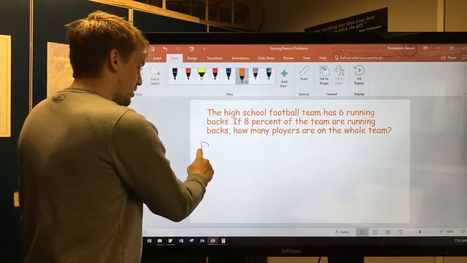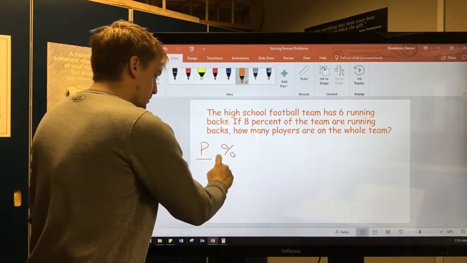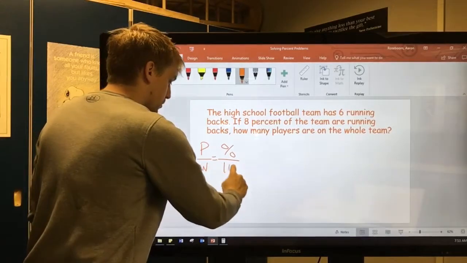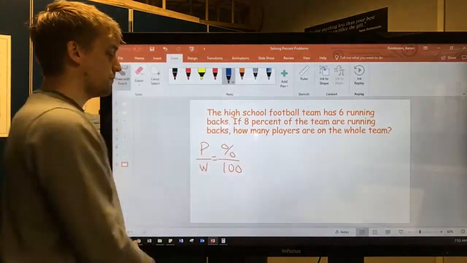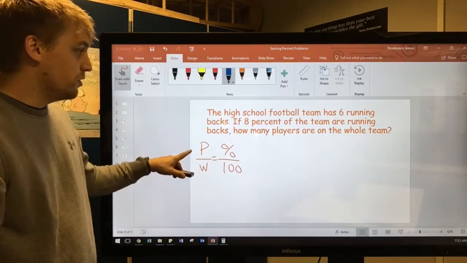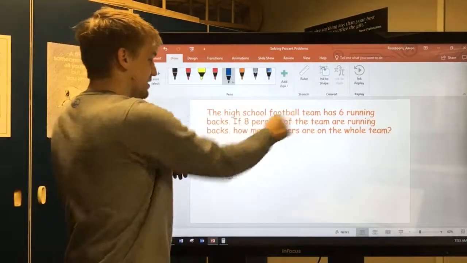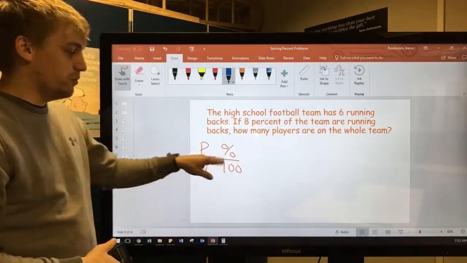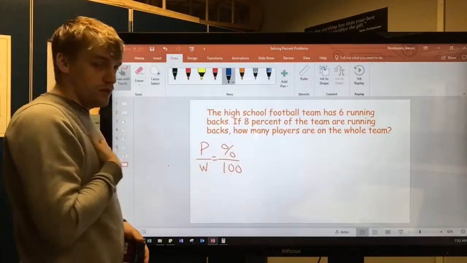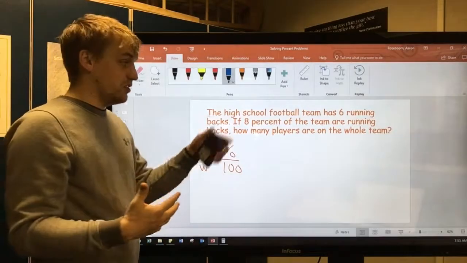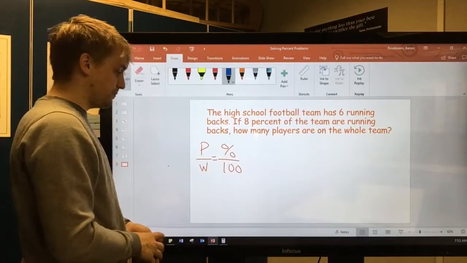So we're going to write part percent whole. Okay. We write this every time. Okay, now do we know the part? The team has 6 running backs. If 8% of the team are the running backs, do we know the percent? I always do the percent because it's the easiest thing to find first. If you can't find the percentage in the problem, that's probably what you're solving for.